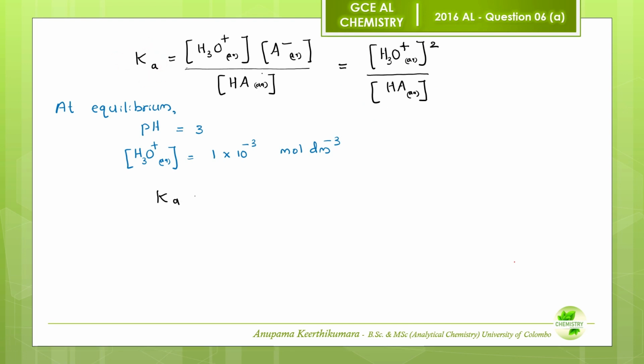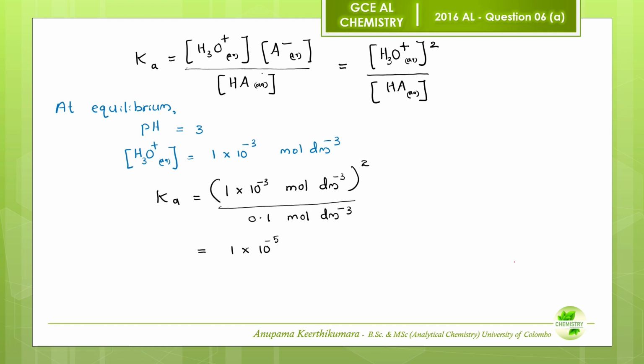Ka equals the concentration of H3O plus, 1 into 10 to the power minus 3 moles per cubic decimeter, to the power 2, divided by the concentration of HA, 0.1 moles per cubic decimeter. Ka equals 1 into 10 to the power minus 5 moles per cubic decimeter.